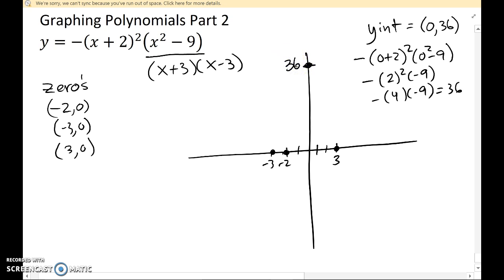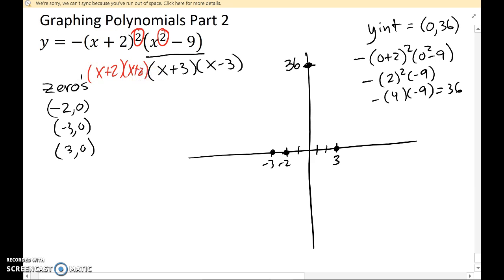We want to identify the end behavior, and so usually the exponents are outside of the parentheses, like this first one is, but from time to time you'll have the exponent on the inside. And so this is still a 4th degree polynomial. And so x plus 2 could also be x plus 2 times x plus 2.